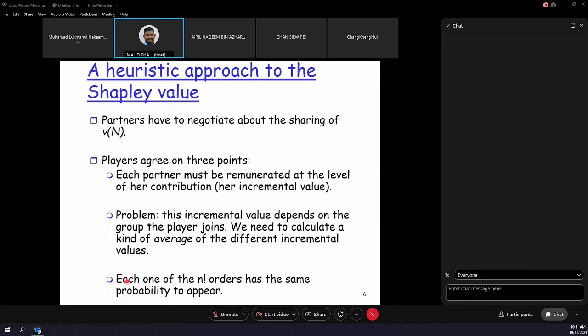That's why I call this a fair game, not an average game. And each one of the n factorial orders has the same probability to appear. It means we also need to agree on the number of orders. If you have 3 players, one order is 1, 2, 3, and the second combination order is another permutation. You still need to use the orders with the same probability to appear. I will show how we are going to do this.